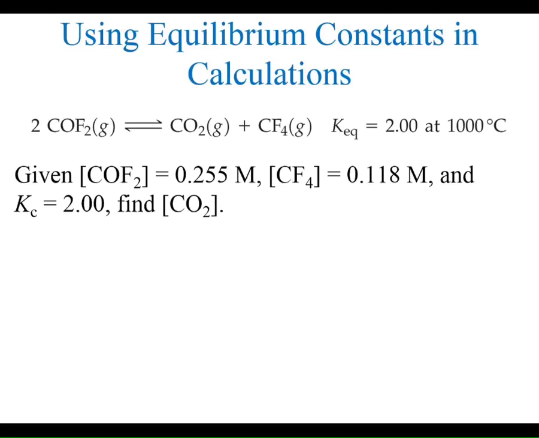Okay. Let's try another one. Let's say they gave me the concentration of this and of this, and they gave me the K, but they want me to find this concentration. So we can just write our little expression here again.